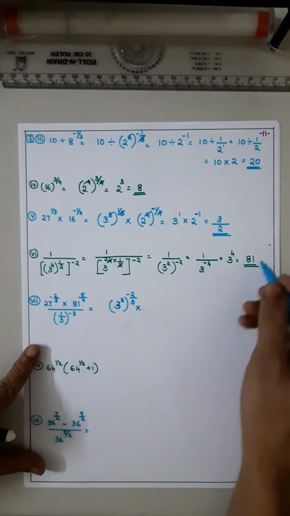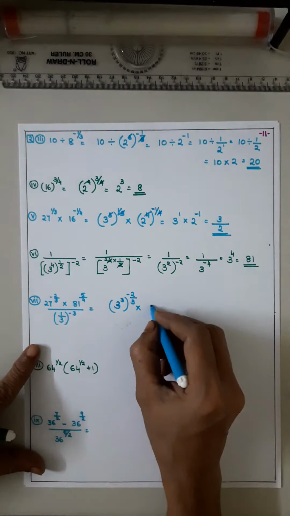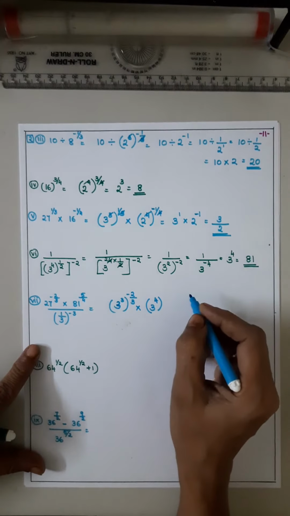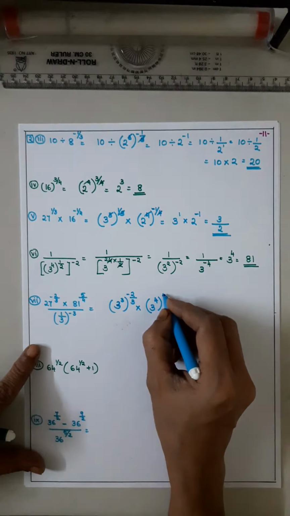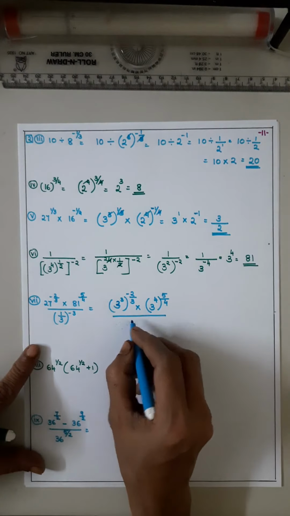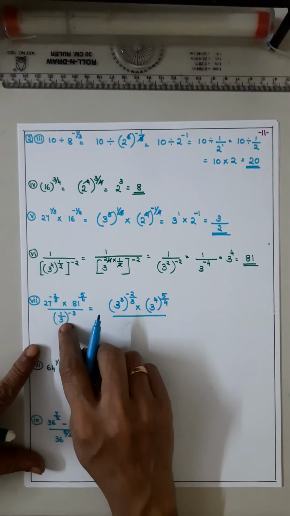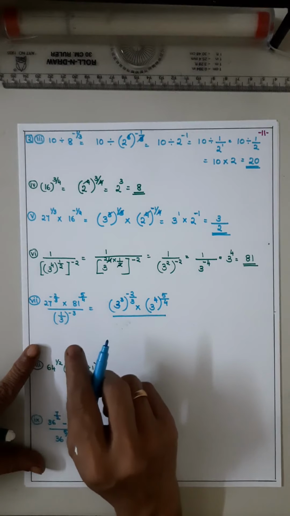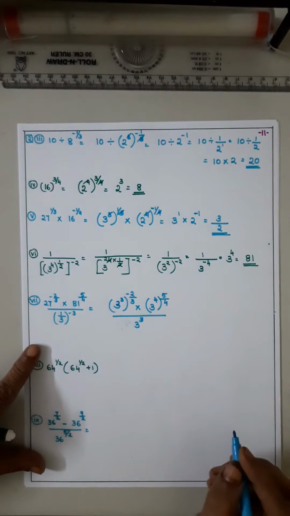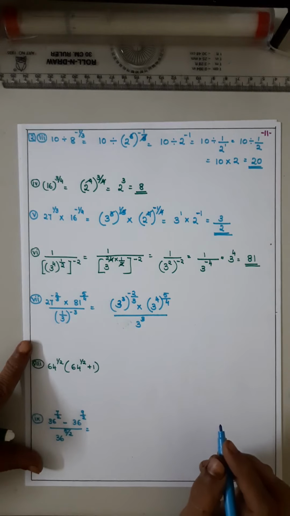अभी अभी लिखे 81 किसका पावर 4 तो 3 to the power 4. फिर आया 5 by 4 अपॉन अभी 1 by 3 the power minus 3, मतलब क्या है 3 to the power 3, isn't it?